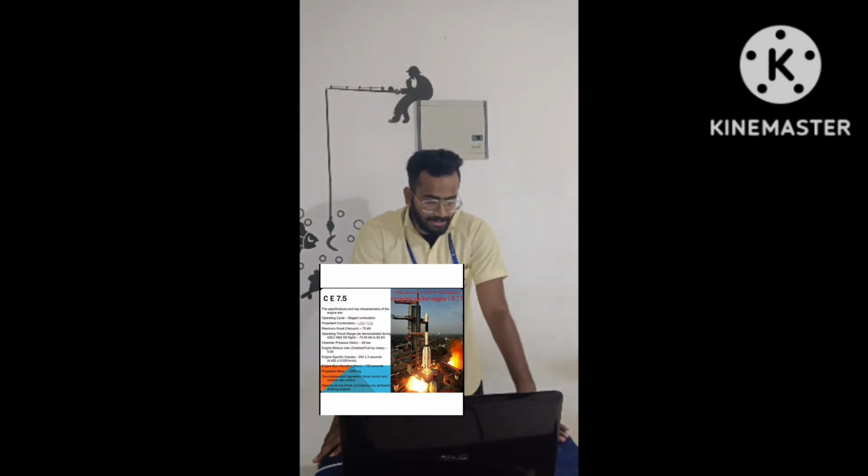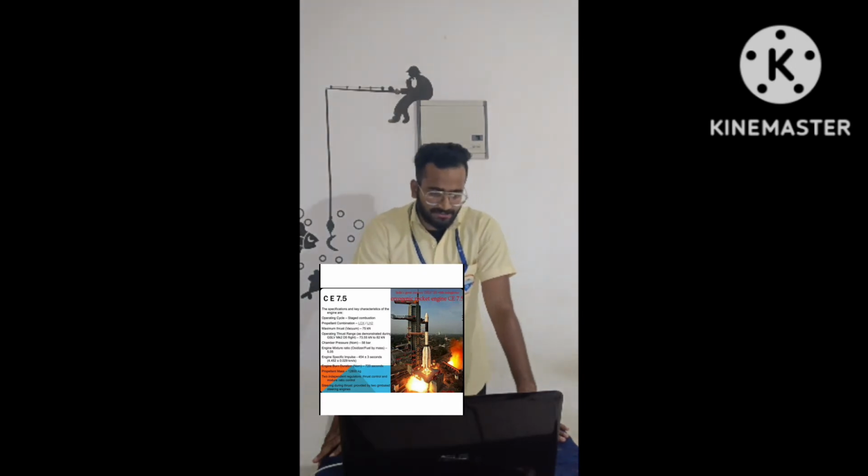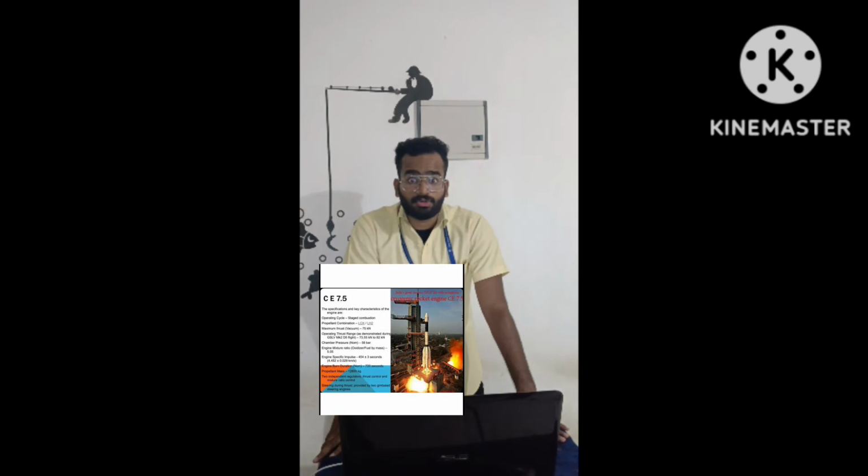Chamber pressure is 78 bar, engine mixture ratio is 5.0, engine specific impulse is 454 plus or minus 3 seconds, and engine burn duration is 720 seconds.